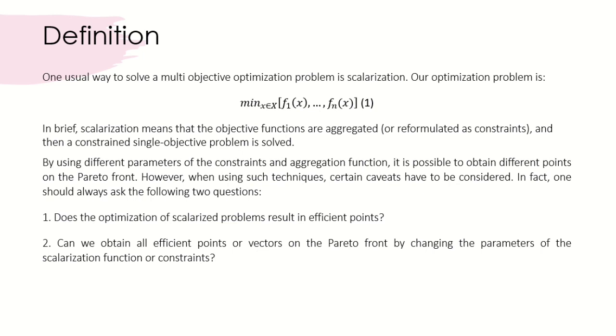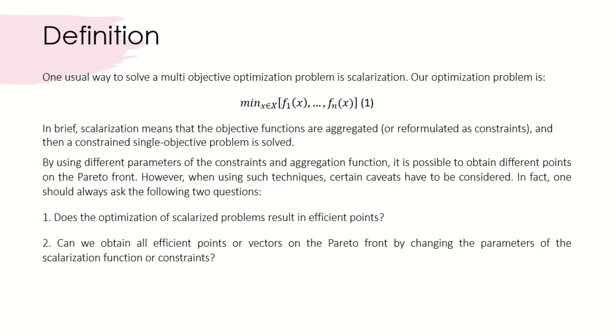And so we should use another method as a replacement to solve a simplification of this original problem. But first of all, before simplifying our original problem, think about two questions. First, does the optimization of scalarized problems result in an efficient point?